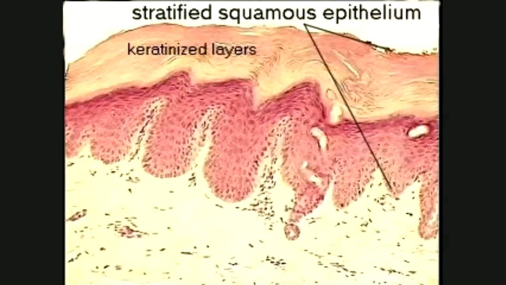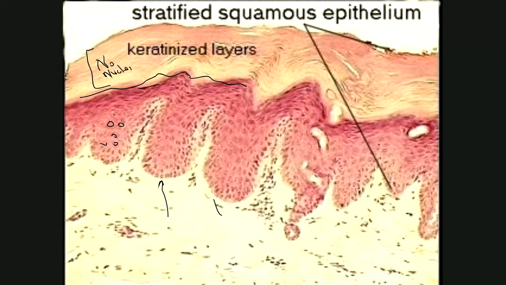So look, you can see here, there's where the basement membrane is, not here. That's where the keratin starts. So look down here and we can see nuclei. But if we look up here in this, no nuclei at all, not one.